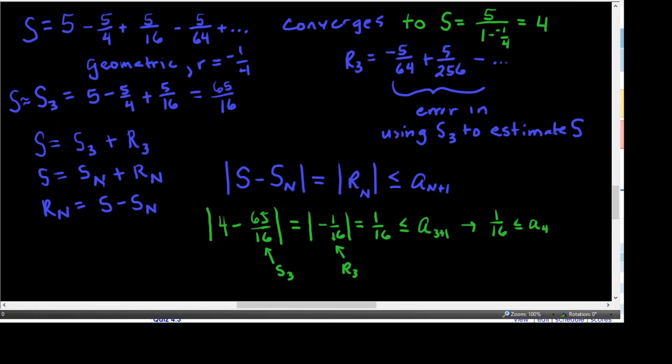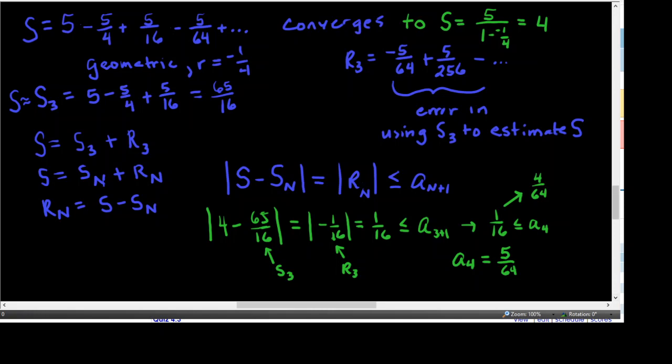Well, a sub 4 is 5/64. Remember, the a sub n part does not include the negative part of it, because it's negative 1 to a power times a sub n. So the fourth term, if we neglect the negative, is 5/64. 1/16 is 4/64. Is it true that that answer is less than or equal to 5/64? Yes, that'll always be true.